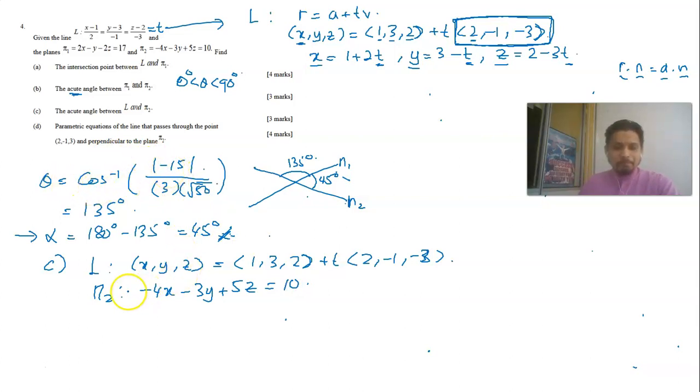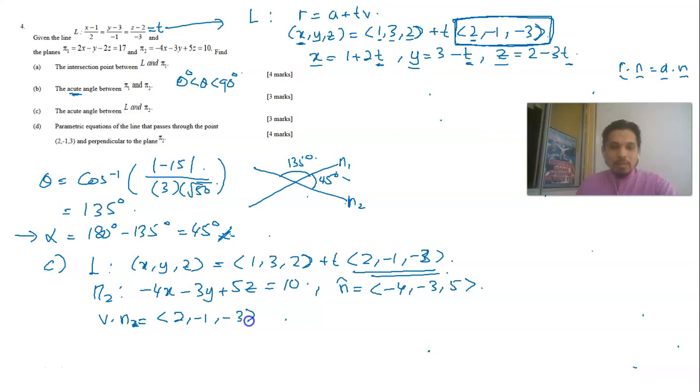So this is our reference here now. And for pi 2, n equal to -4, -3, and 5. So that v dot n equal to 2, -1, -3, dot product with n here, -4, -3, and 5.